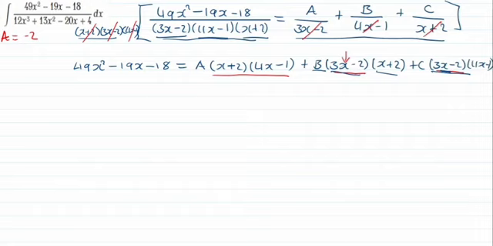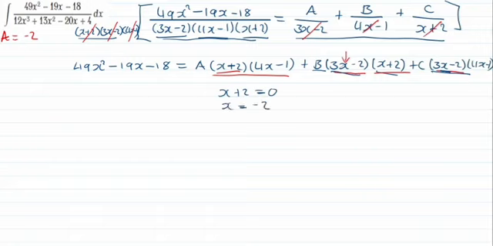You'll notice that at a and c we have x plus 2, which is not at b. So we can take advantage of this by equating it to 0. So x plus 2 equals 0, then x will be equal to negative 2.